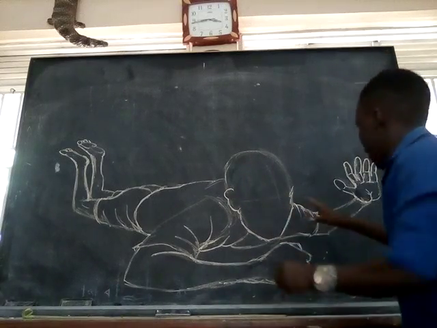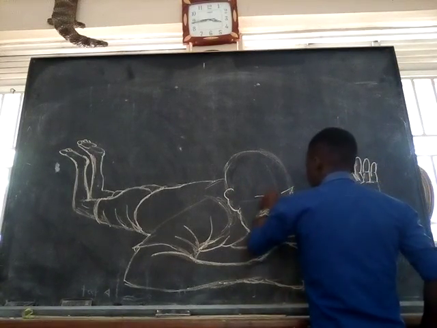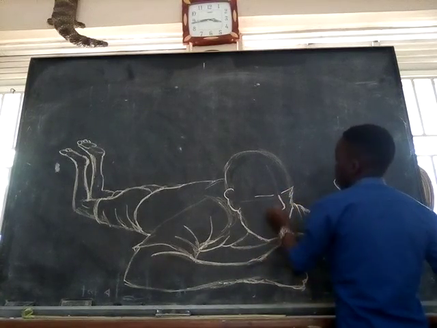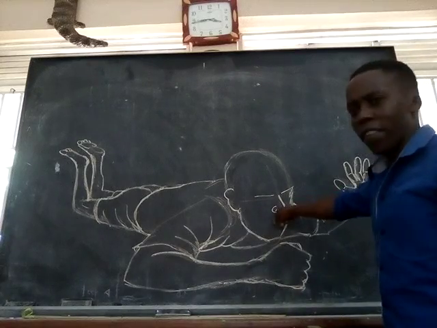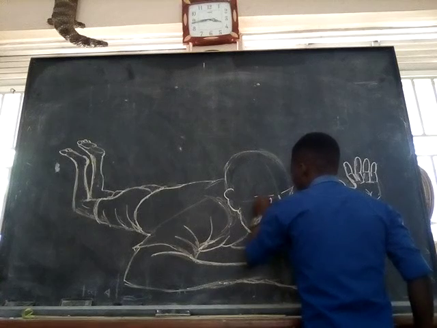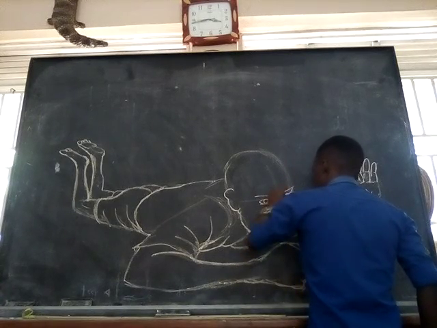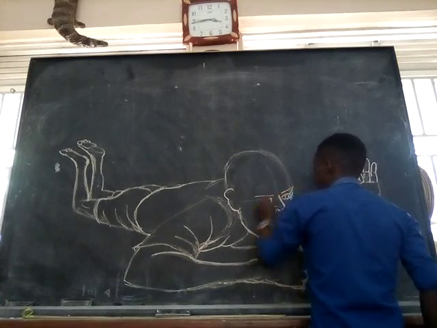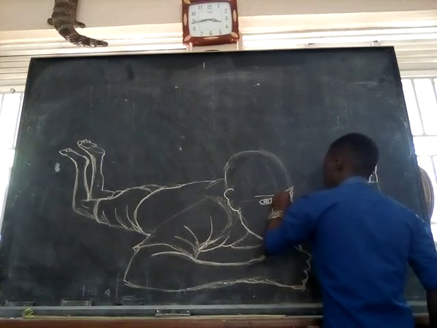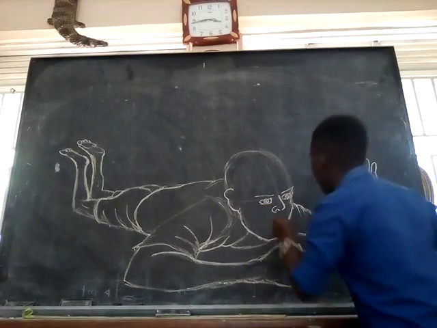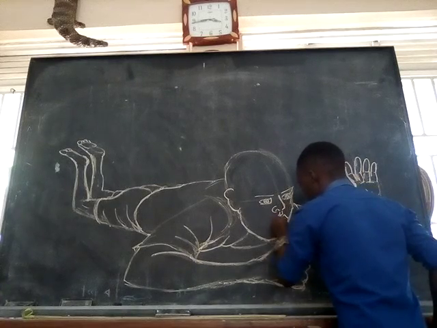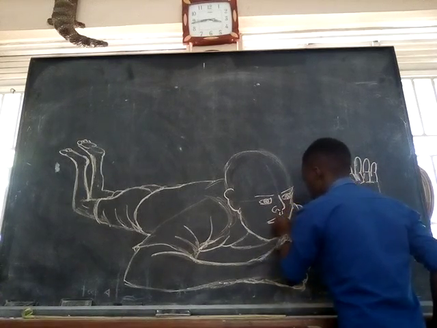Now, when you go to the face, you show us the different features of the face. For example, now we have the nose, we have the eyebrows where we're going to have the eyes. This side we have another eye. Do you see that? Then you go to the lips, you give us the upper lip, do you see that?